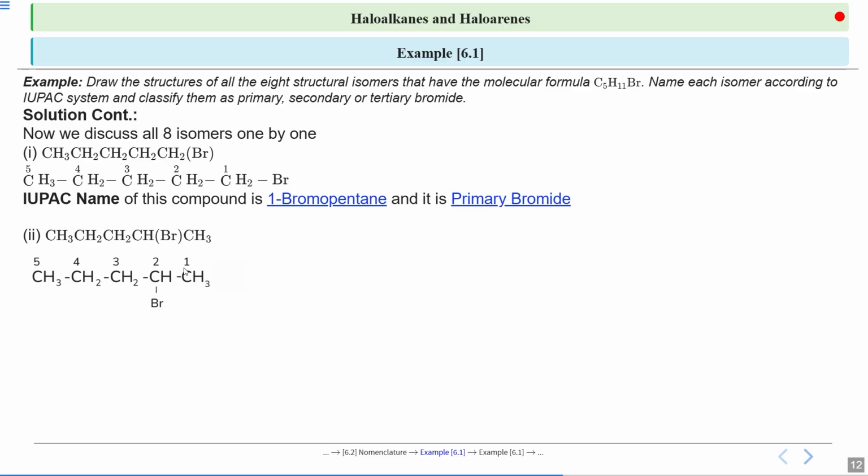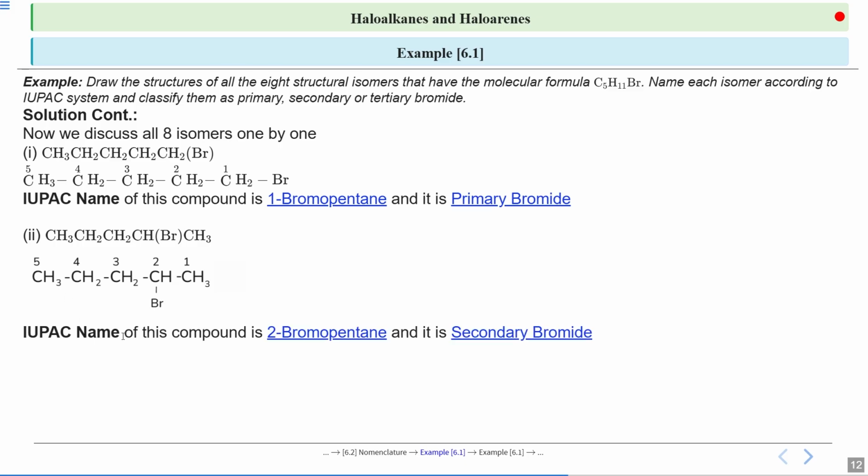Numbering will be done so that the carbon at which bromine is present gets the lowest possible number, which will be 2. 1, 2, 3, 4, 5. So the IUPAC name of this compound will be 2-bromopentane, and it is a secondary bromide because bromine is bound to the carbon which is bound to another 2 carbons. So it is a secondary bromide.